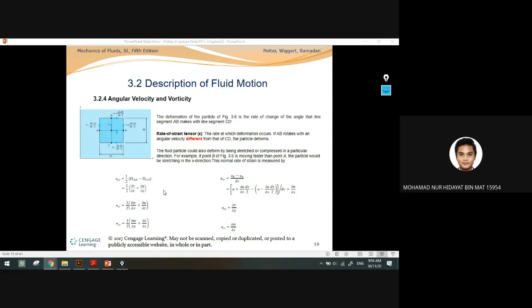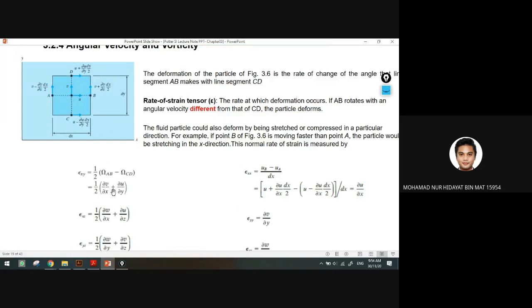That's why it is minus here. The difference is angular velocity of AB minus angular velocity of CD. This is minus. Previously, you learned it is plus for the angular velocity. For the rate of strain tensor, it is different: the difference from AB to CD.